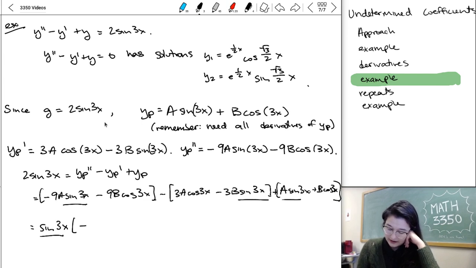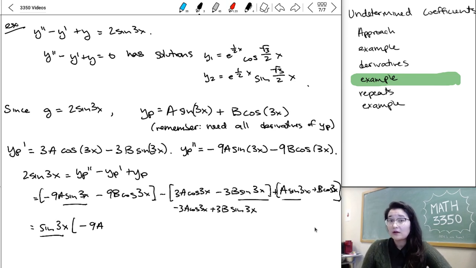So I've got minus 9a from that first one. And then in the middle here, this is going to be minus 3a cosine 3x plus 3b sine 3x. Please make sure you distribute those numbers all the way through. That means that I need to have a plus 3b right here. And then from that last one, I just have a plus a.